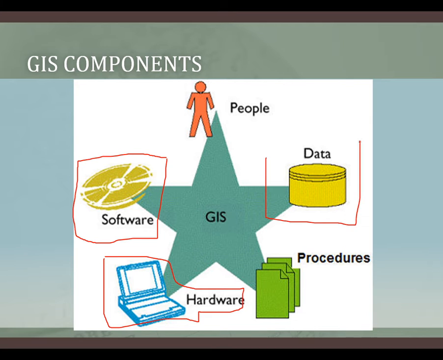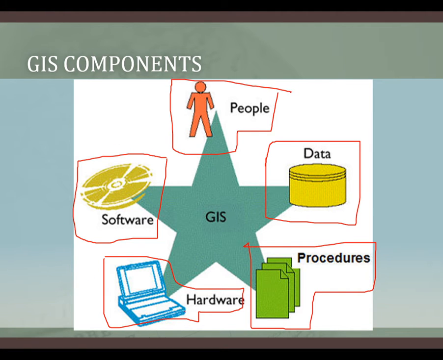So we collect tons of data: surveying, maps, pictures, aerial photos, satellite photos. And we have some kind of procedures that will help us analyze this data in a way that we'll understand it and we'll be able to map it. All this is done by you guys, by GIS people. Out of these five, which is the most expensive and valuable resource or component? That guy.